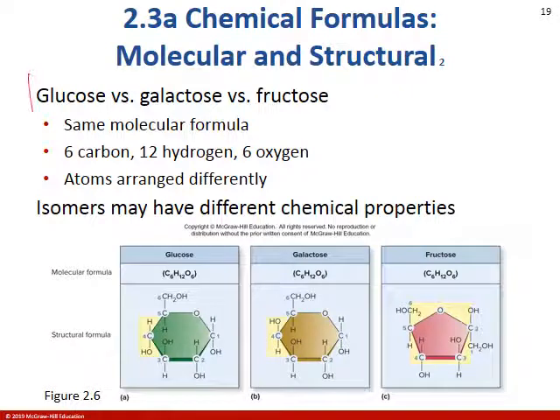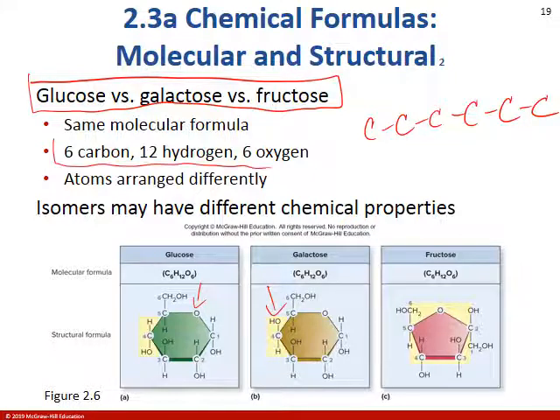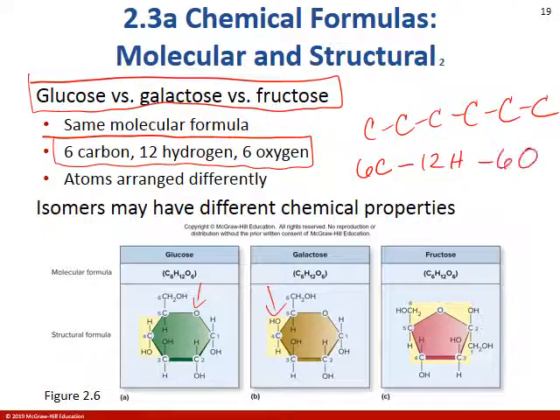We're going to specifically talk about these sugars in part 2 of chapter 2. So if you see a structure like this, they're trying to tell you that these are covalent bonds. If you see something written this way, they're telling you covalent bonds. We'll talk about these sugars a little bit later, but they are covalent bonds, and if it's a sugar, it has this 6 carbon, 12 hydrogen, 6 oxygen structure.